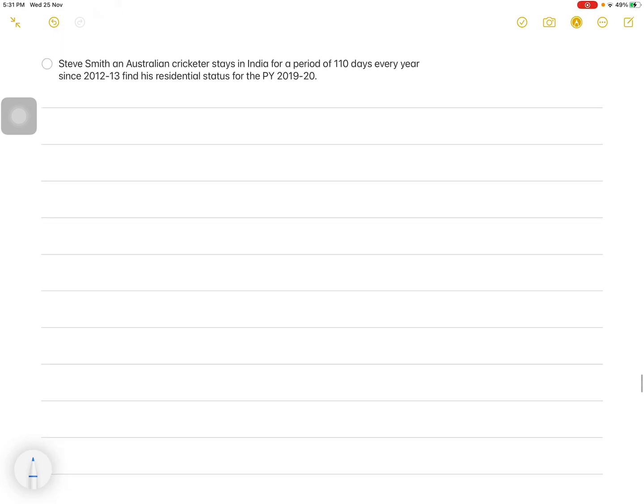The other question is here. Steve Smith, an Australian cricketer, stays in India for the period of 110 days every year since 2012-13. Find his residential status for the previous year 2019-20. Please try to solve both these questions.